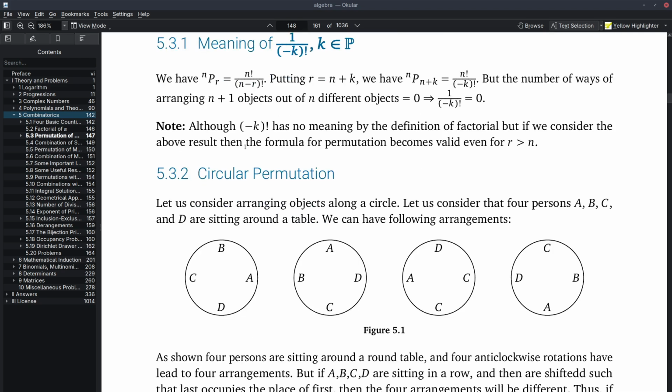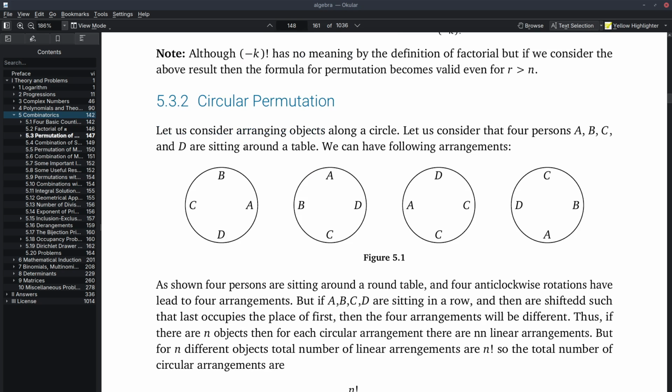So I think I will stop here, and in the next video we will cover circular permutation and other things, because I don't want to make a very long video, and it will be covered in 4 or 5 videos at most. Okay.